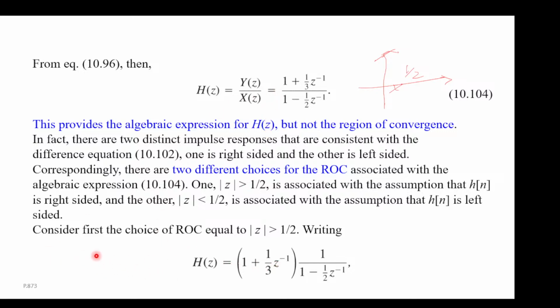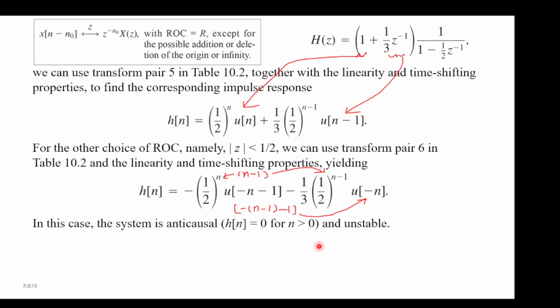then we can try to do the inverse Z transform. Obviously we can do partial fraction expansion, but here we do something a little smarter. We write this as 1 plus 1/3 z^-1 times this thing whose Z transform we already know, which is (1/2)^n u[n].